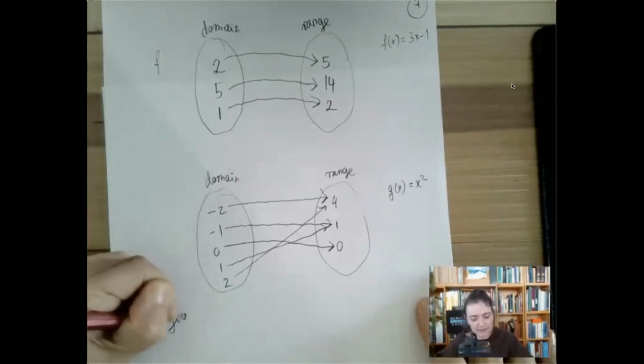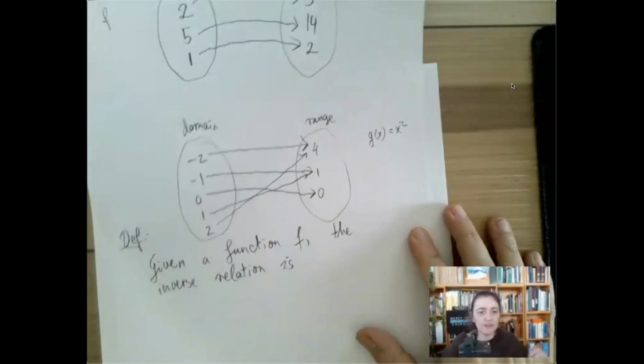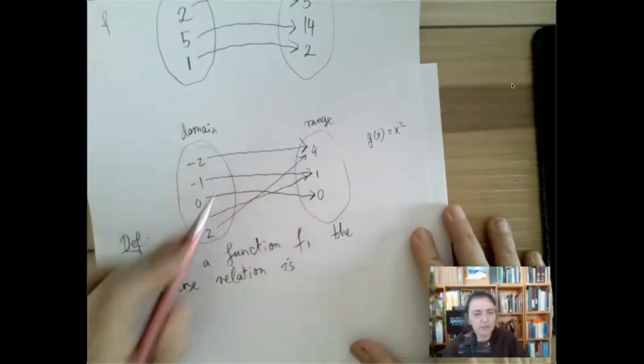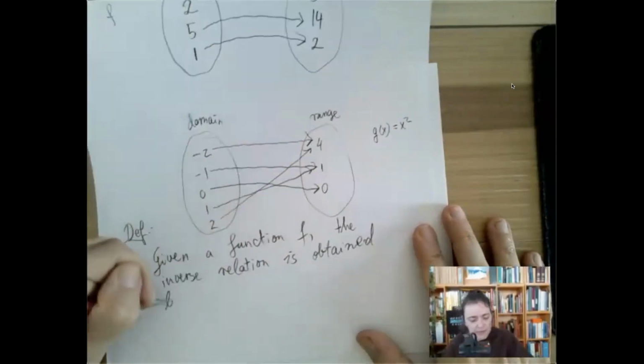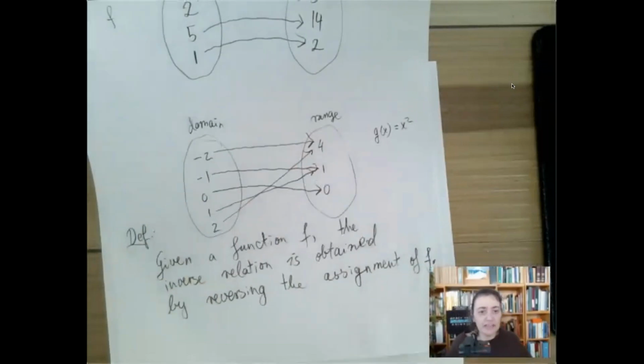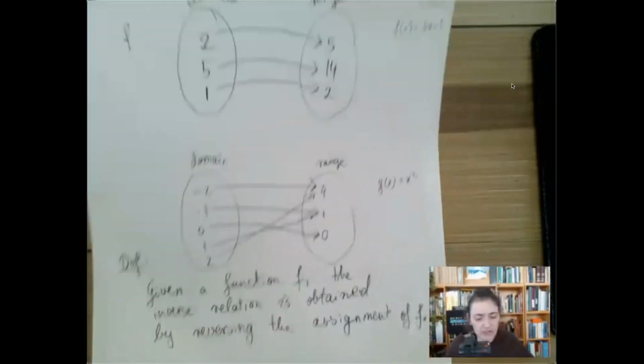Given a function f, the inverse relation is what we get when we literally reverse the assignment arrows. So we use the same line, but the arrow will point a different way by reversing. That means that in the inverse relation, what used to be the range is now the domain, what used to be the domain is now the range.